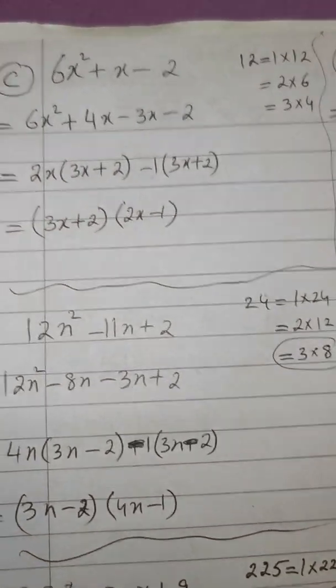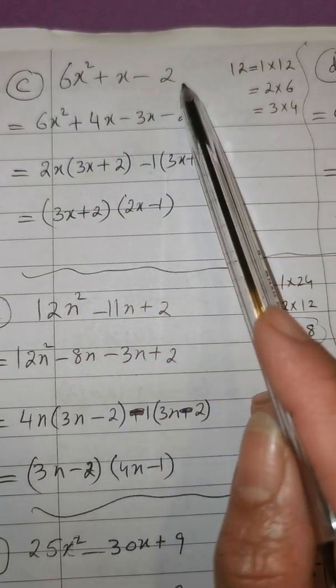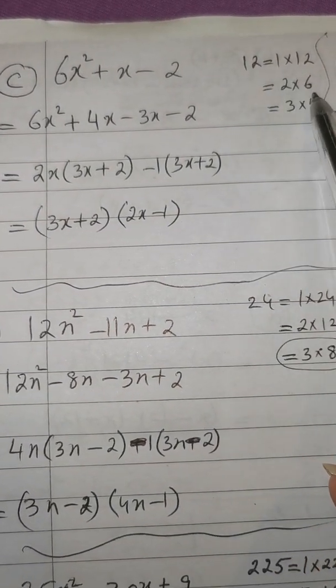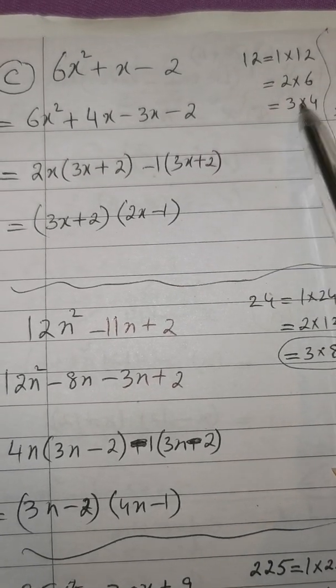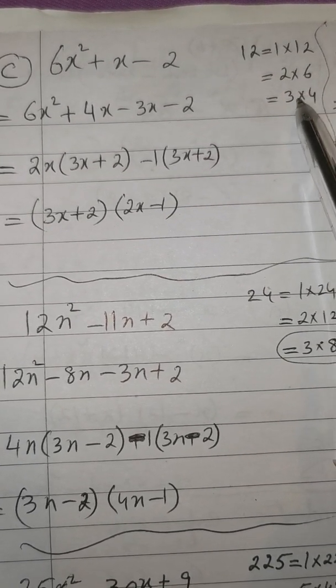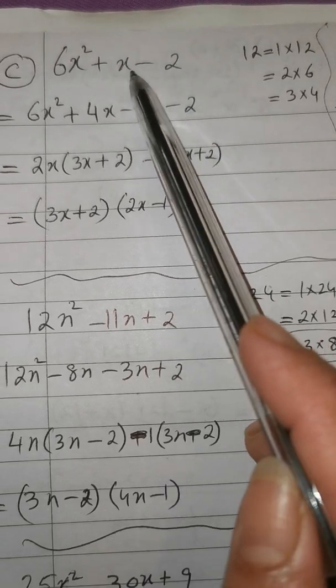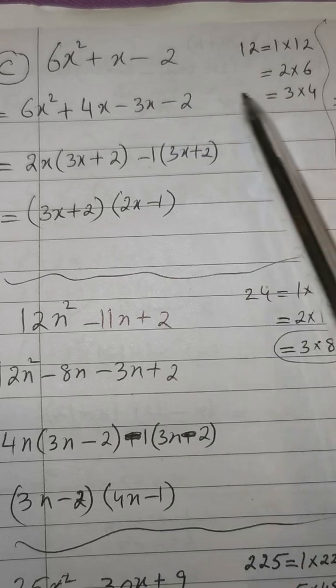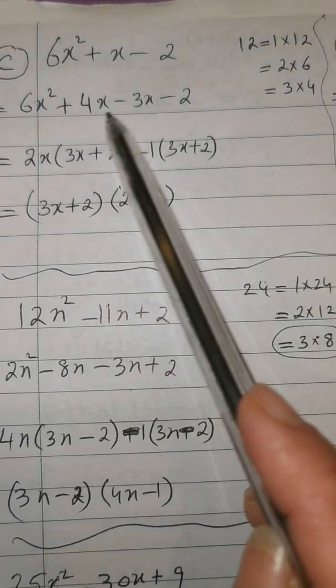And in this question you will check, 6 multiplied by 2 will give you 12, and I am taking the possible factors. I will choose the factors whose subtraction, because the minus sign is here, will give me plus 1. So I am choosing 4 and 3.